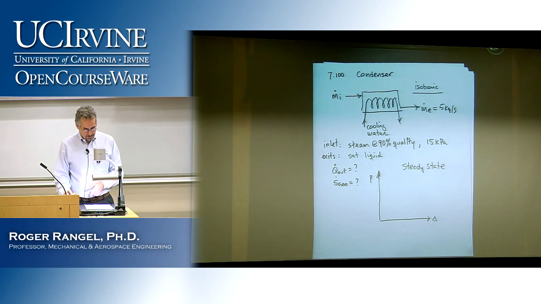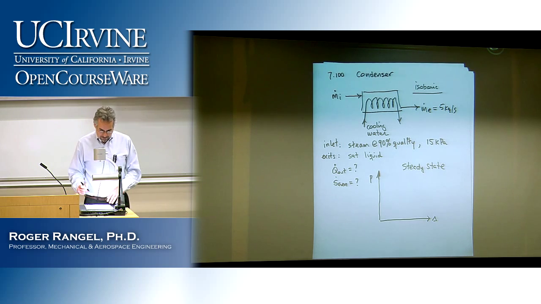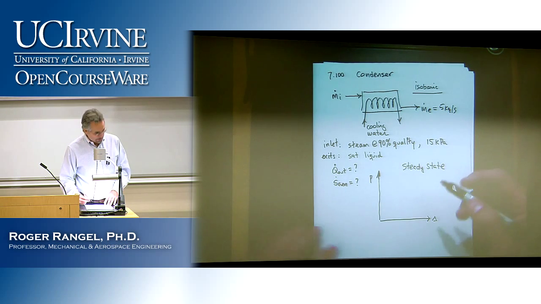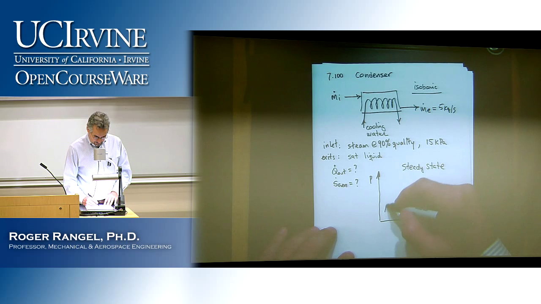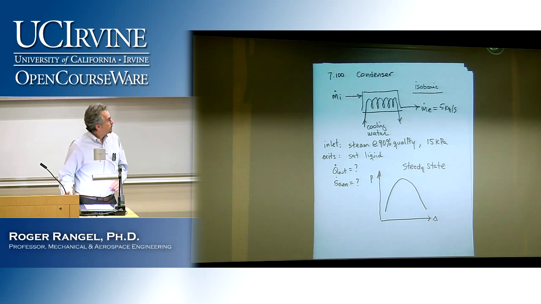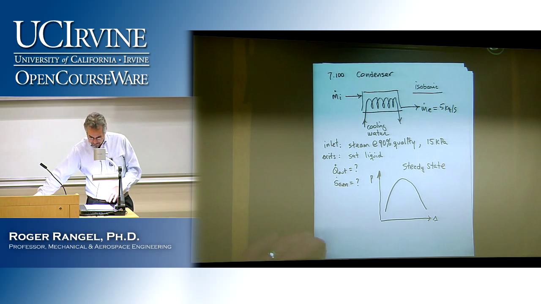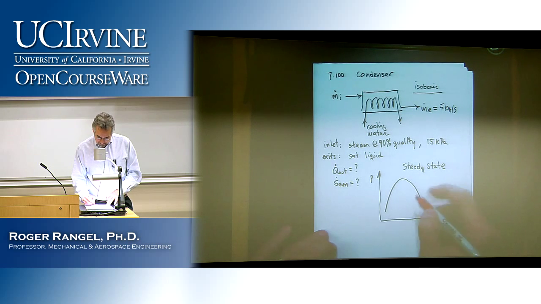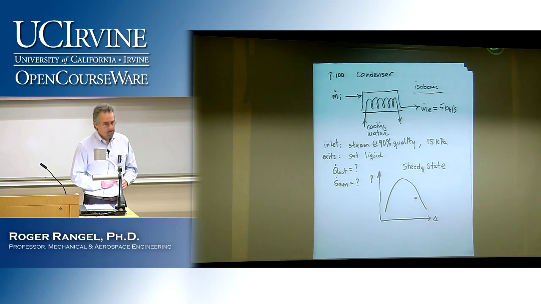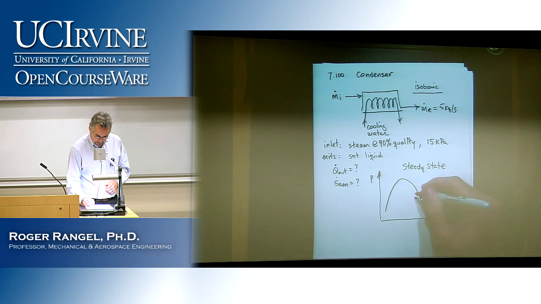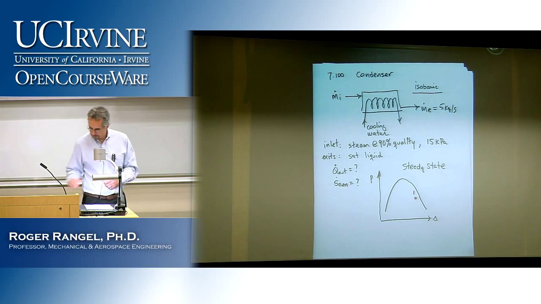What is the process on this diagram? Since it's talking about quality and saturated liquid and so on, it might make a lot of sense to put the dome. And since we start out at 90% quality, we know we are starting out somewhere here. This is our 1. And where do we end?